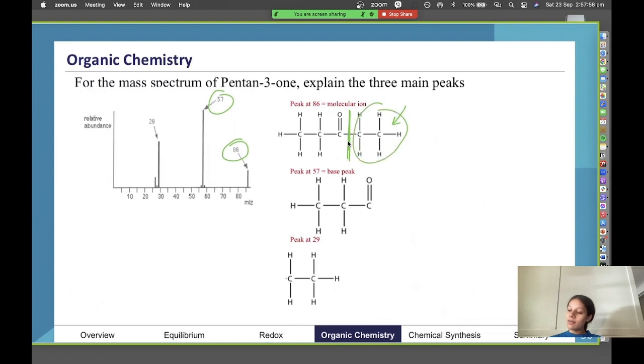Then this here is what's forming our peak at 29. So I'll just indicate that that's what those two are. So those are our most popular fragments, if you will. So when you bombard lots of 3-pentanone with energy, you end up with all of these fragments being the most commonly created ones.